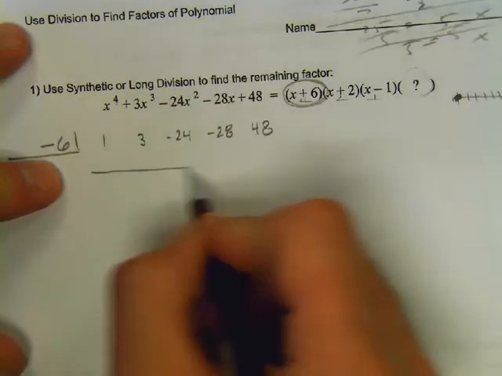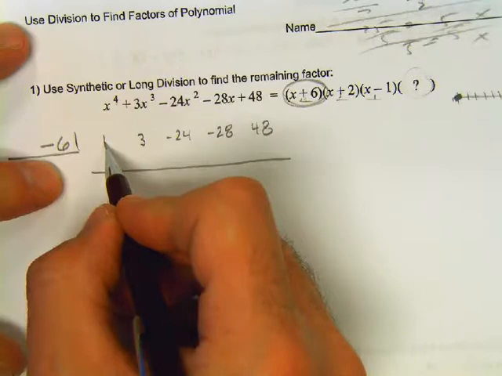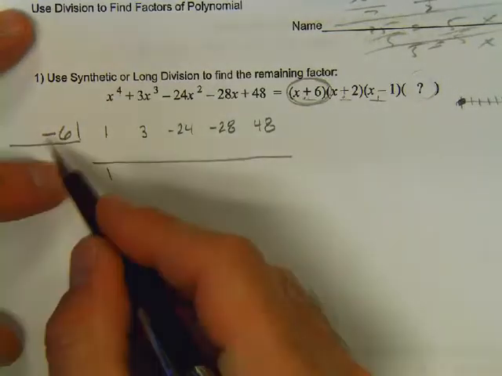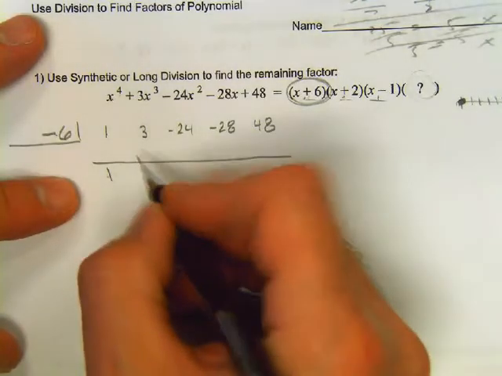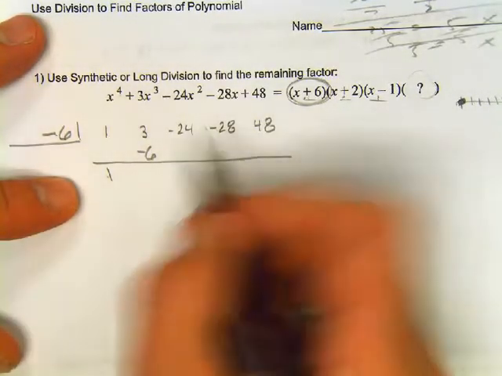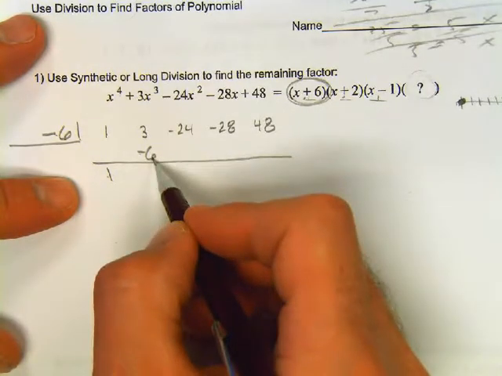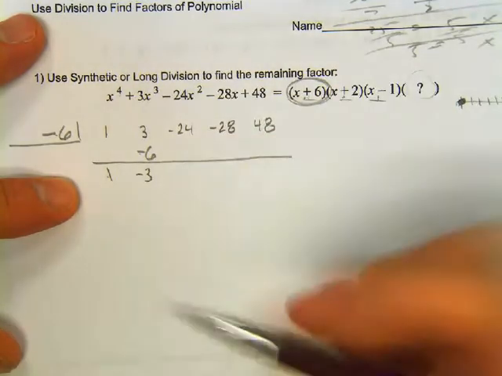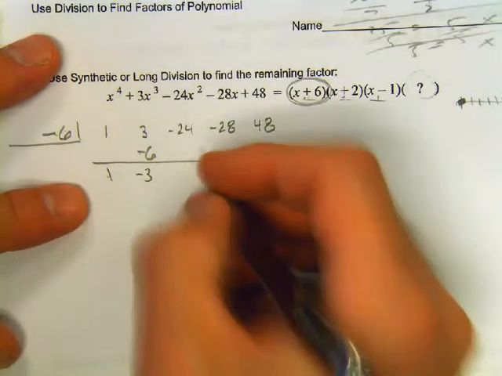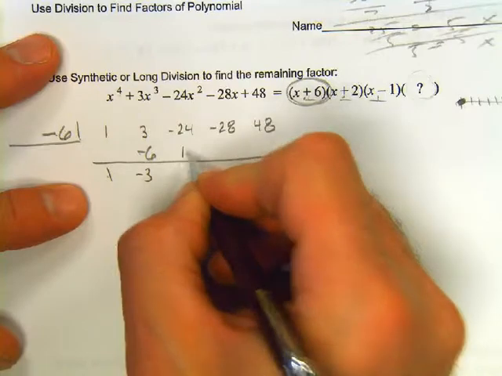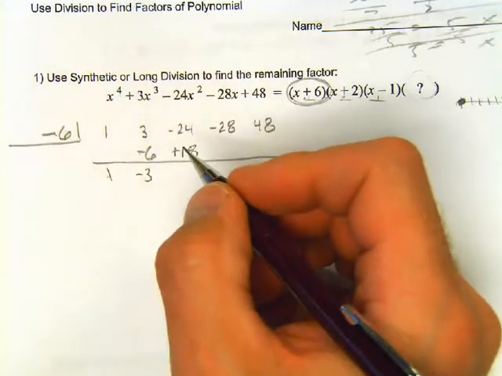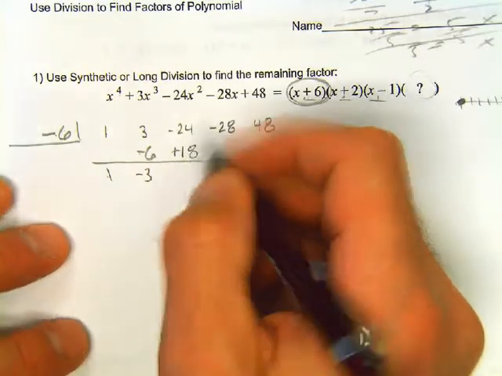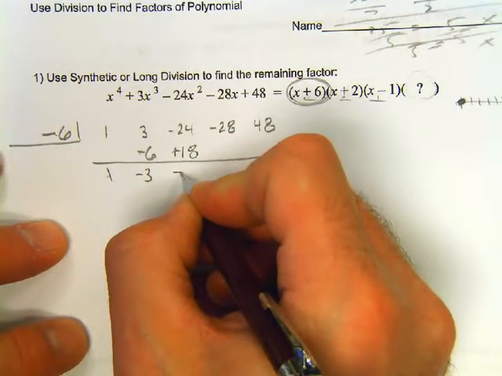Take the 1, drop it. Negative 6 times 1, negative 6. 3 minus 6, negative 3. Negative 6 times negative 3, positive 18. Now we combine these using the signs in front. Negative 24 plus 18 is negative 6.